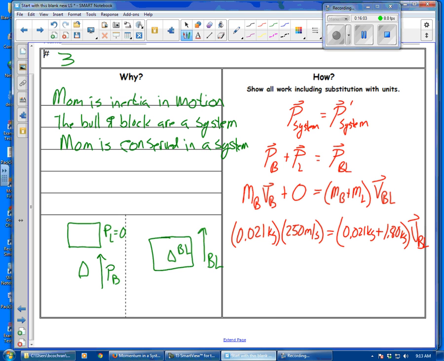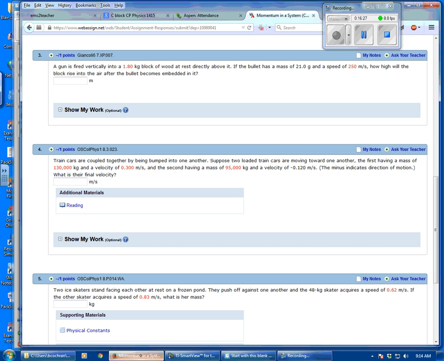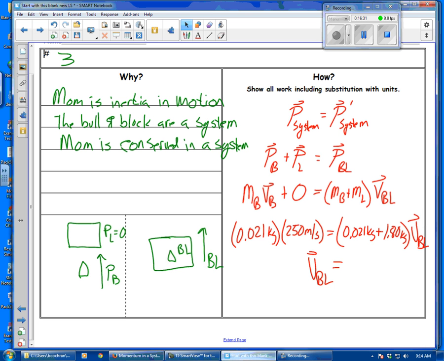I think I got all my numbers right. That's going to give me the velocity of the bullet in the block. Let's see what I get. I want to make sure I got all my numbers right and transferring over. Yes. Okay.